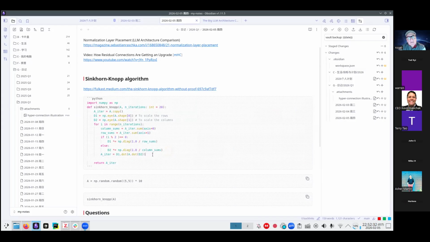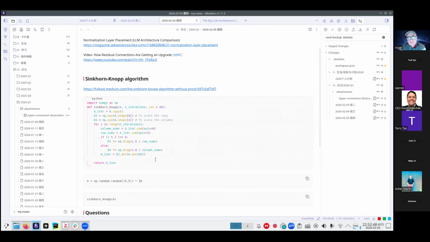Wikipedia is maybe one of the places that defines this doubly stochastic making process.